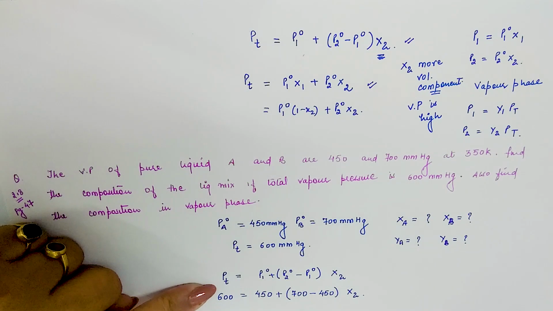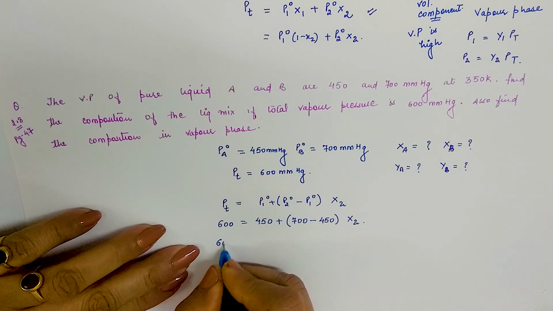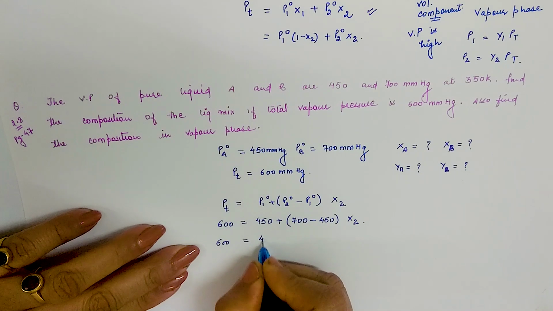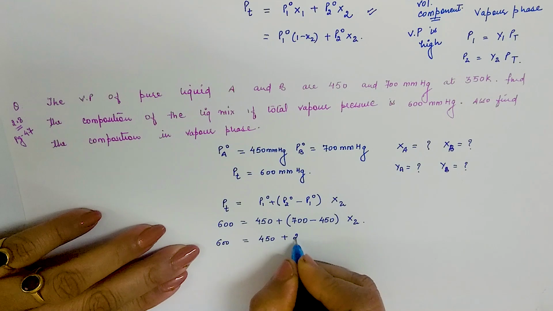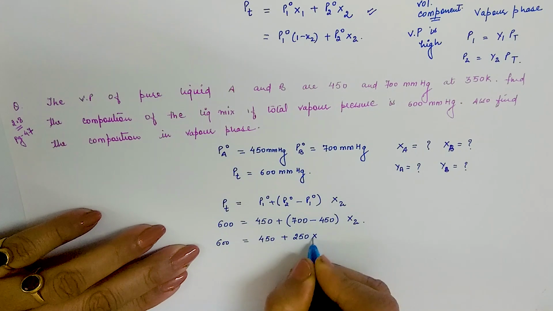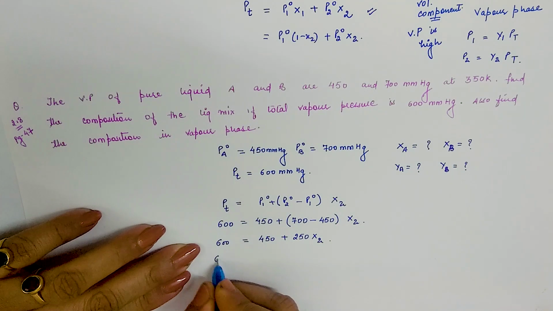When you solve this, it will come out as 600 is equal to 450 plus 250 x2.